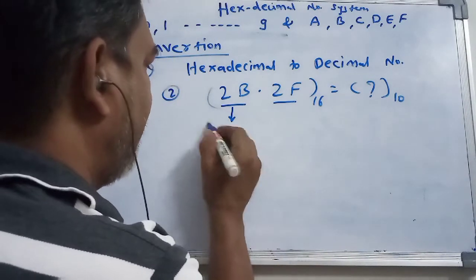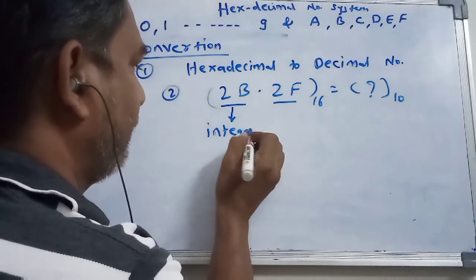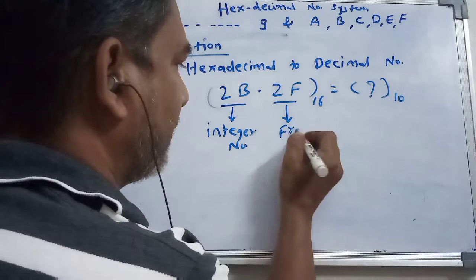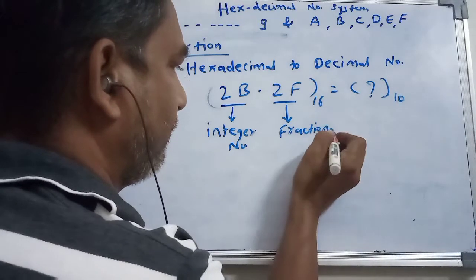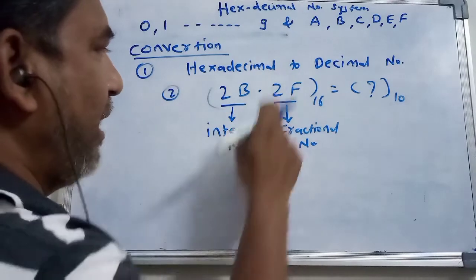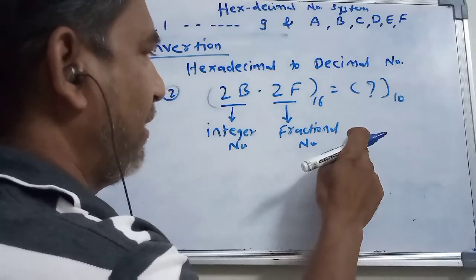This number is considered as an integer number, and this is considered as a fractional number. So very first you have to solve the integer number and then the fractional number.